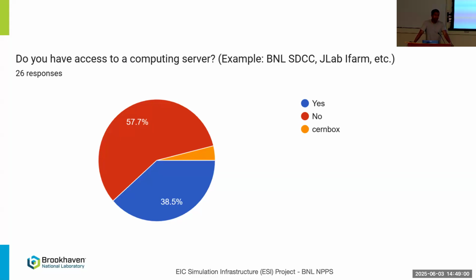We can get people account access on an Open Science Grid server, but that's for people that don't have affiliation with any US institution. So if you're outside of the US and you're not affiliated with any of the labs, then we can get you an account on an Open Science Grid server that you can use.